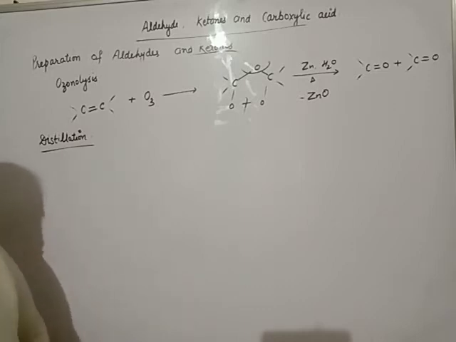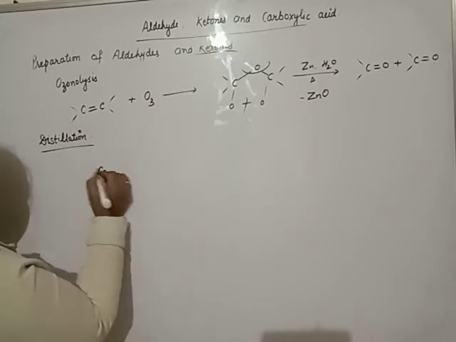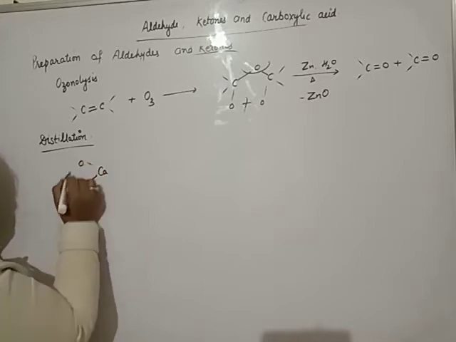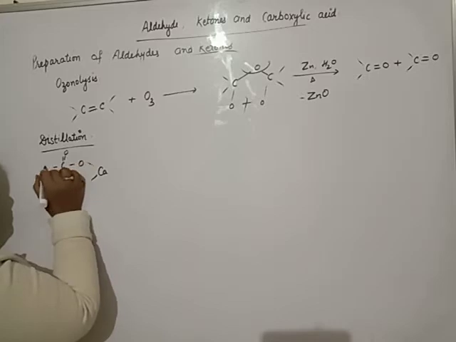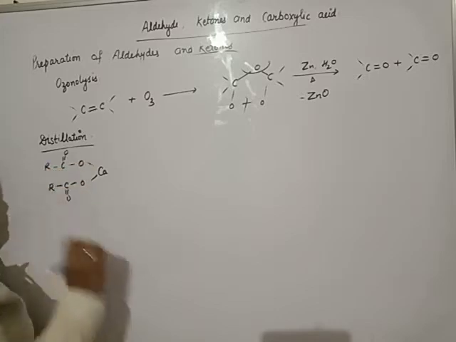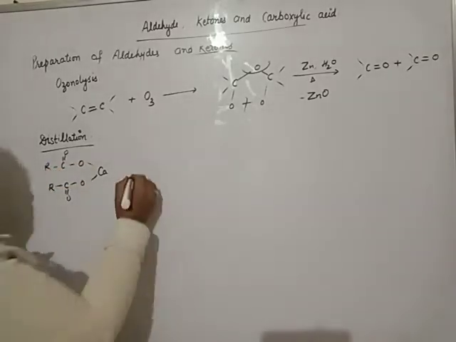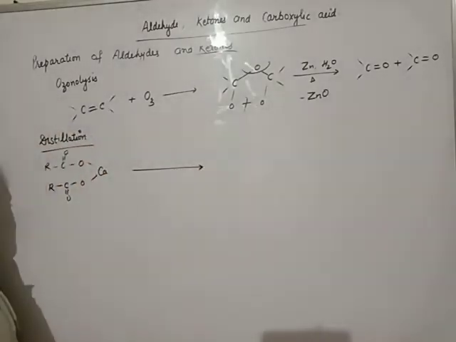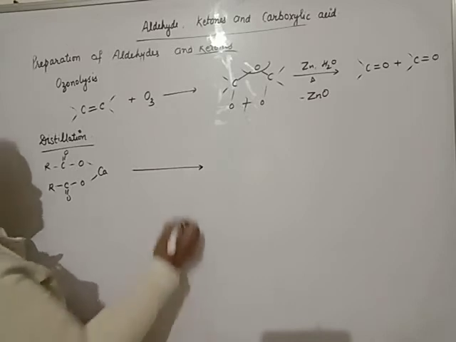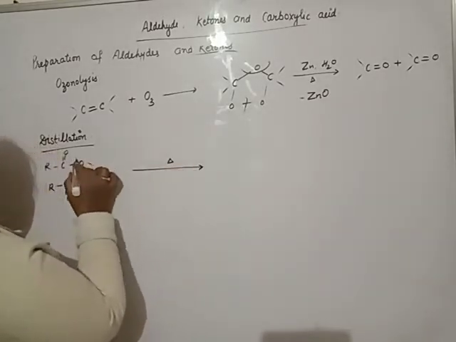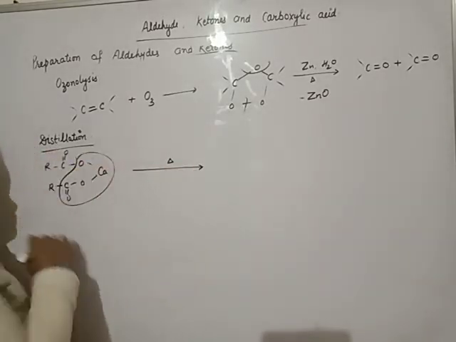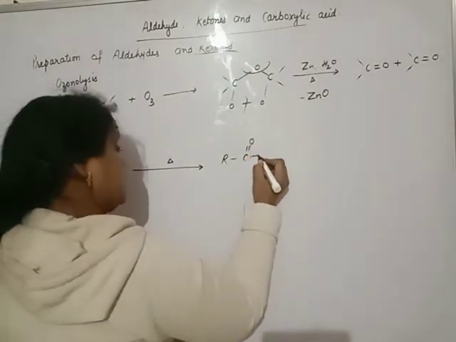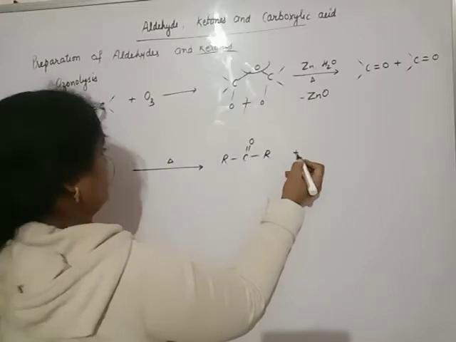Calcium salts of fatty acid. Beta, calcium salts of fatty acid, on heating, release calcium carbonate, and we will get either aldehyde or ketone.